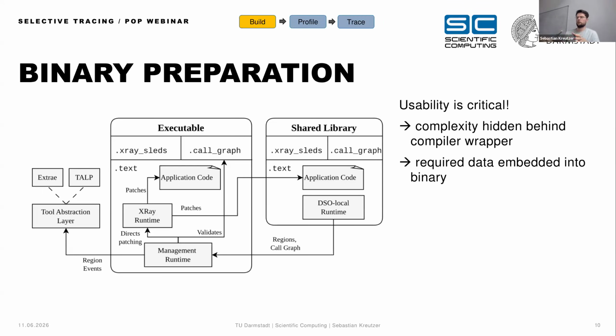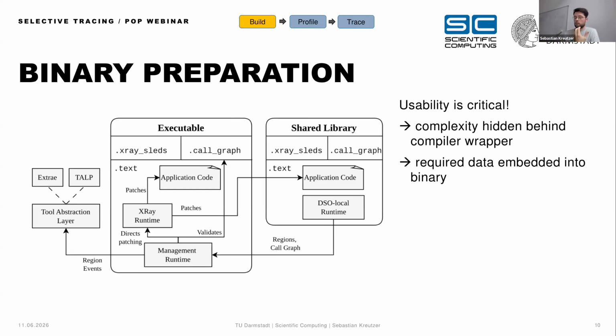So now I want to go through some of the key components. On the top here, I'm showing where we are in terms of build, profiling, tracing stage. And so let's first look at how we prepare the binary to enable this toolchain. As mentioned, usability is critical here.